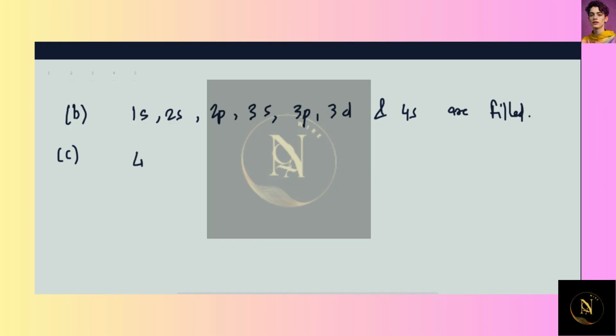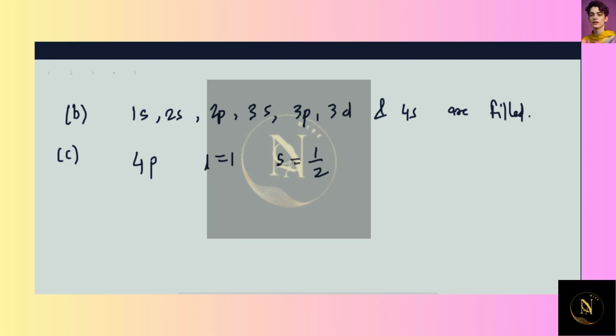momentum for it? So p basically corresponds to L is equal to 1. So the orbital quantum number is L is equal to 1, and since this is an electron, it has a spin quantum number of 1 half.